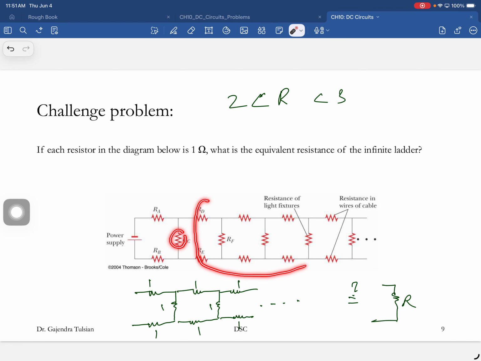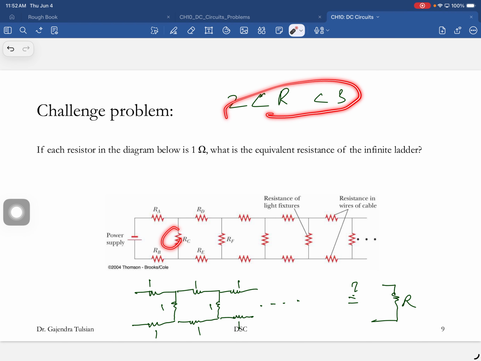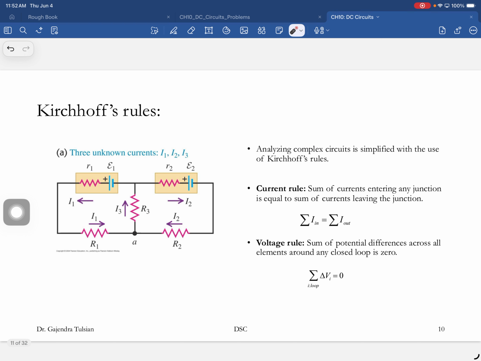So this is 1 plus 1, 2, plus something less than 1. So anyway, the resistance is between 2 and 3 ohms. So if you can find that, the solution is quite beautiful, actually.